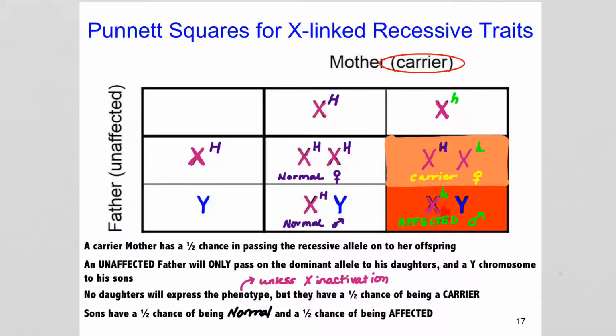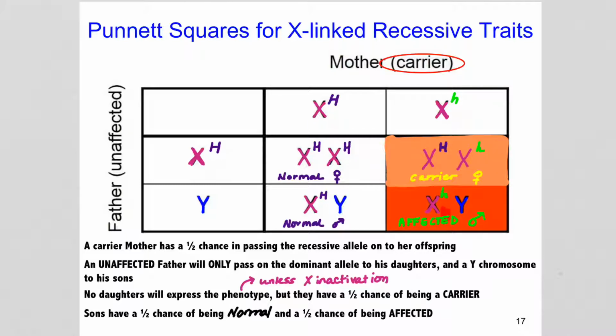He has no other copy of an X chromosome to mask its effect, and therefore this son is affected. So we can see here that we have a 50% chance when dealing with sons that they will be normal, and the other 50% chance that they will be affected. So here, all of these points written out in text summarize what I've gone over with the Punnett square.